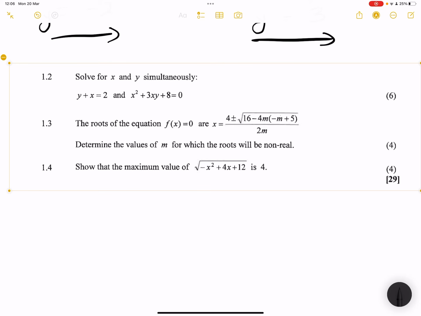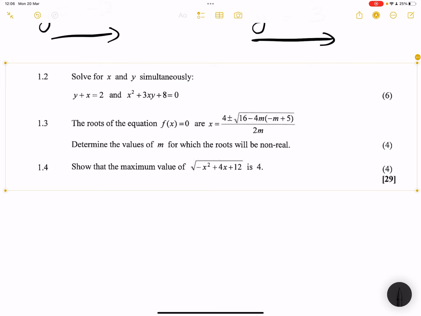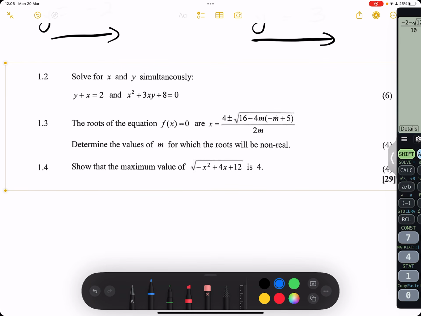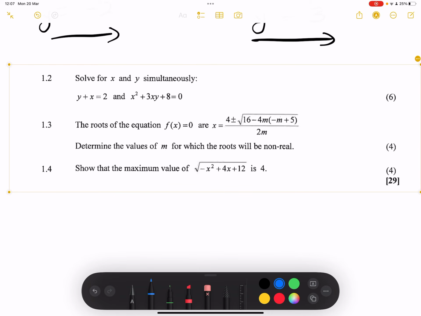Now remember, when are we going to have non-real roots? We will have non-real roots when this expression here, that is underneath the square root, becomes negative, right? So if our expression in this case becomes negative, then we know our roots will be non-real, okay?